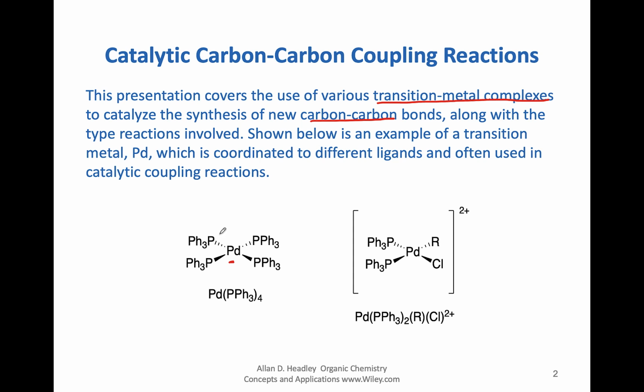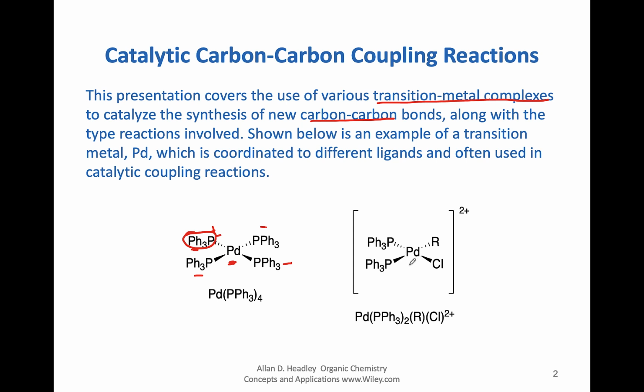You may recall from Gen Chem that your transition metals are typically bonded to ligands. Here, this is the phosphorus, P, and of course, Ph here means phenyl. So we have 3 phenyl groups bonded to the phosphorus. So this ligand here is known as the triphenylphosphine ligand. So here we have palladium that's bonded to 1, 2, 3, and 4 triphenylphosphine ligands.